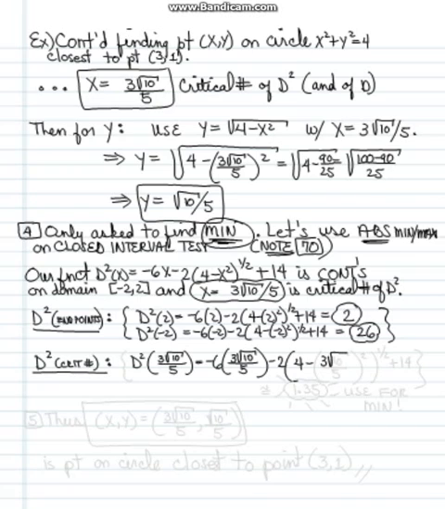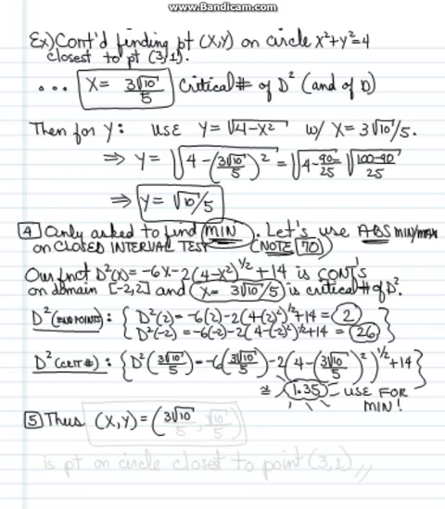Evaluate that in the d squared equation, and we get a mess which simplifies to approximately 1.35. Okay, now that 1.35 is the smallest value we got evaluating the function at the endpoints and the critical number. So that will be used for our absolute minimum using note 70.